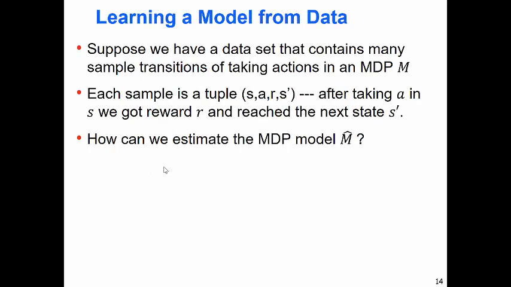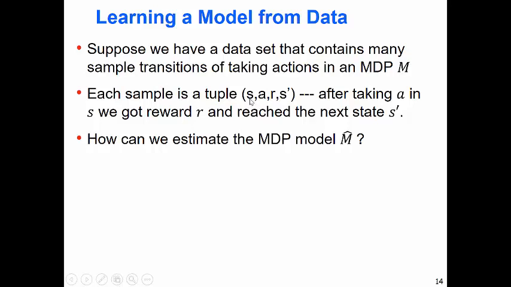So how can we learn a model from data? It's actually relatively straightforward. Suppose you've got a data set from an MDP. So you've been running around in the MDP for a while. What does each piece of data look like? We're often going to be dealing with data tuples.